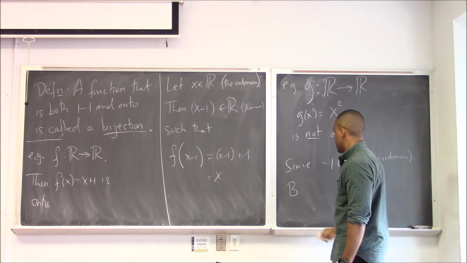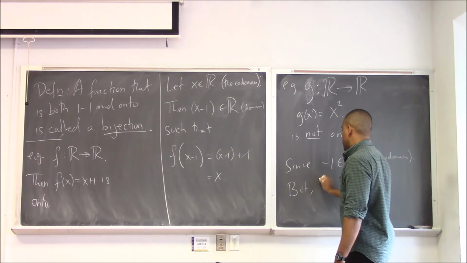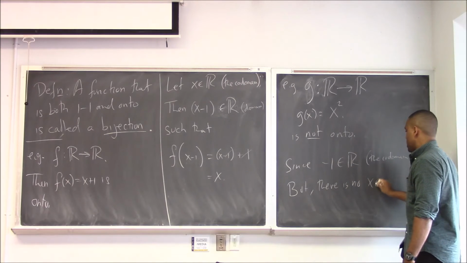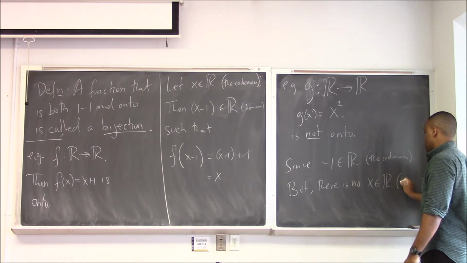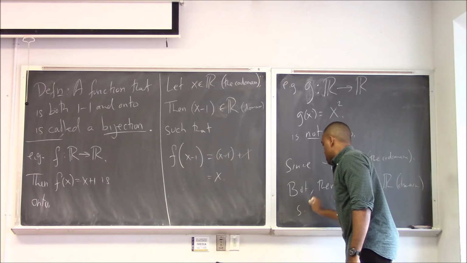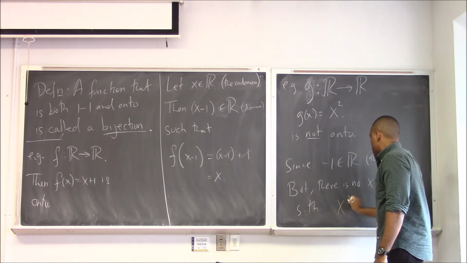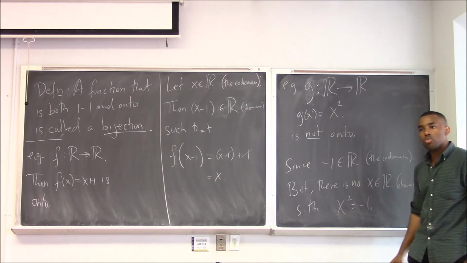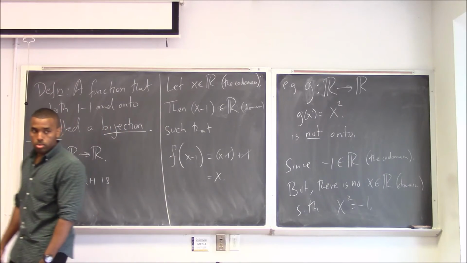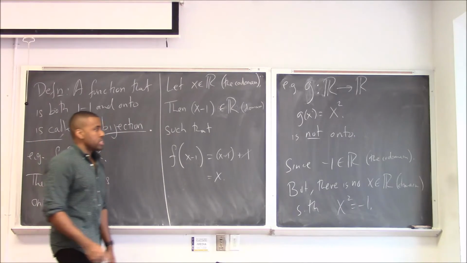But there is no x in R, the domain, such that x squared is equal to minus 1. There is no real number that will solve that equation. Therefore, this function is not onto. There are numbers that it will miss.